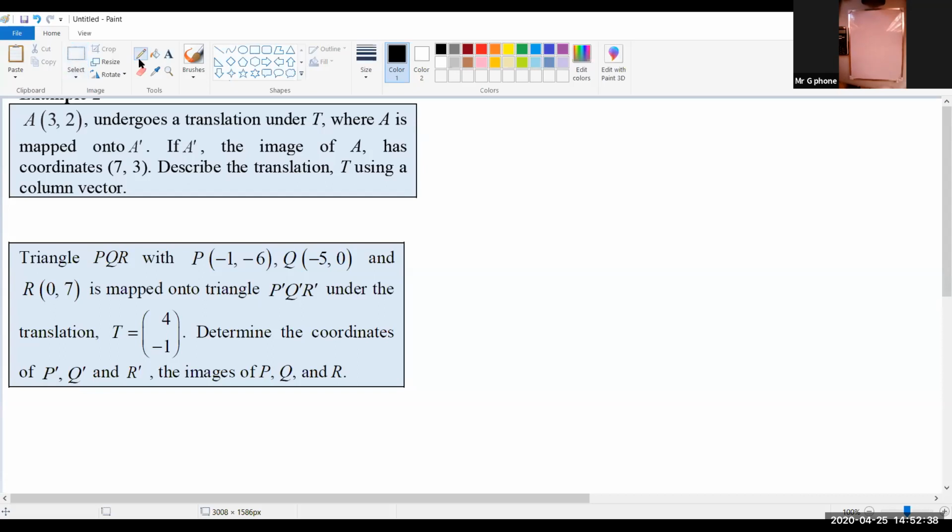Okay, let's look at the first question then. So A, which is (3, 2), undergoes a translation, so plus T, and it is mapped onto A1. If A1, the image of A, has the coordinates (7, 3), describe the translation T using a column vector.